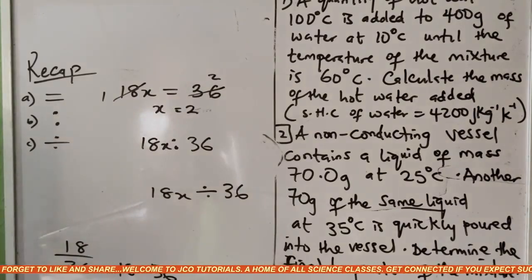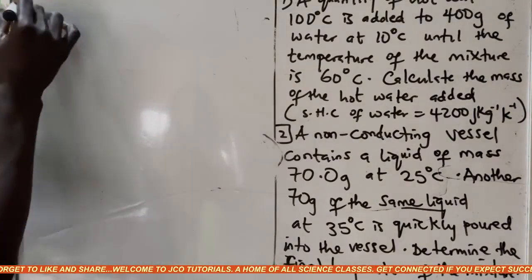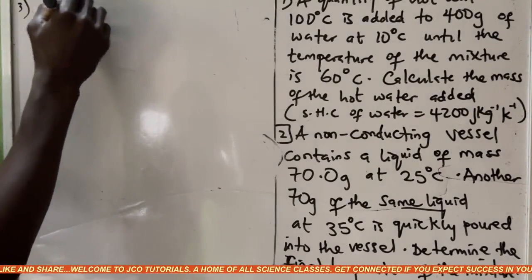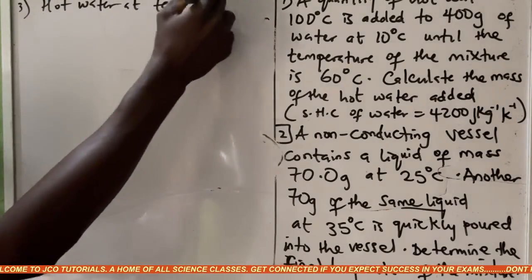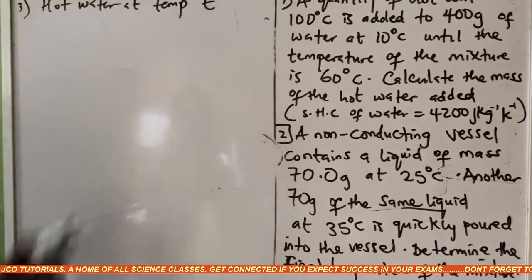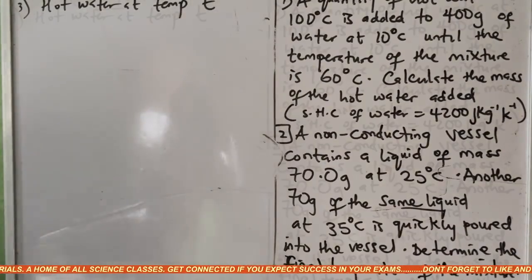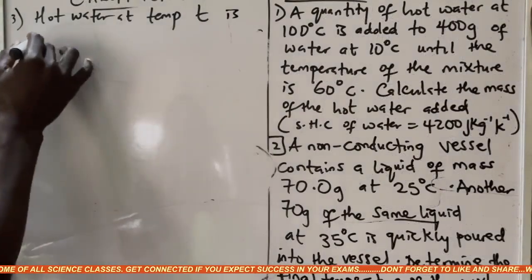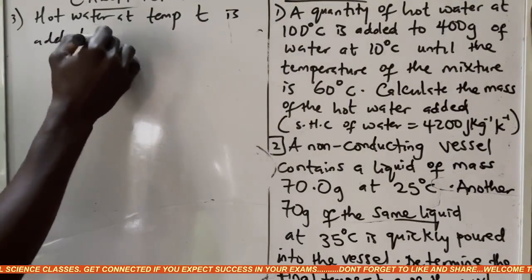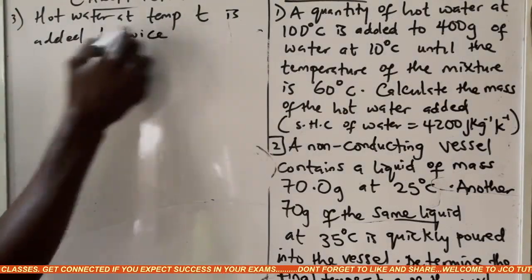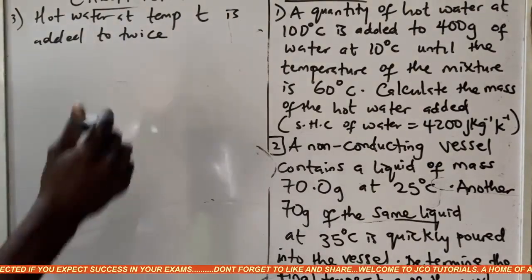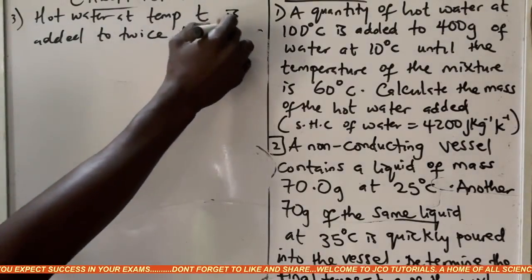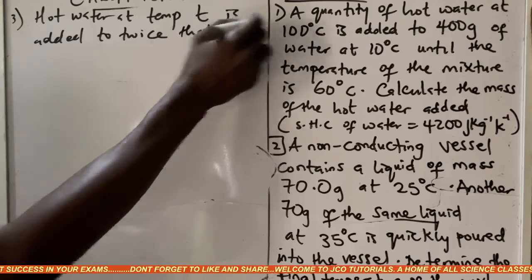That's the arrangement. Question 3. Hot water at temperature T. So that's the temperature of the hot water is added to twice that amount of water.